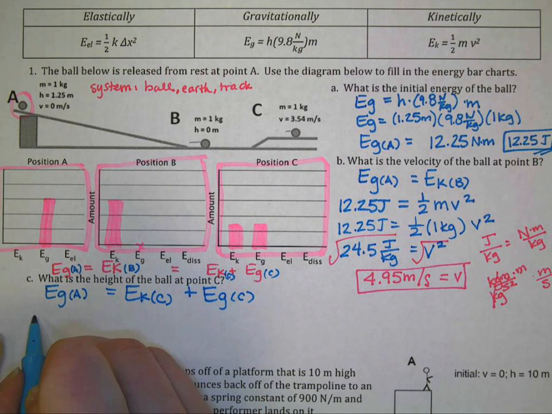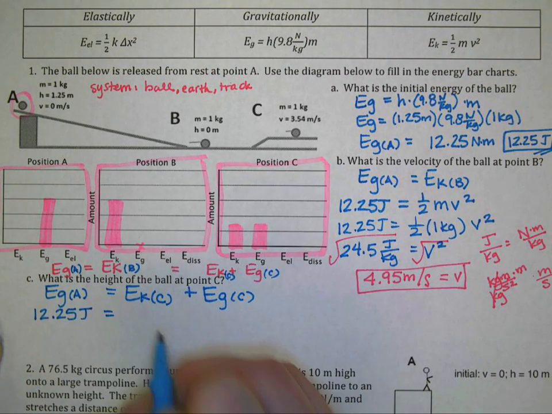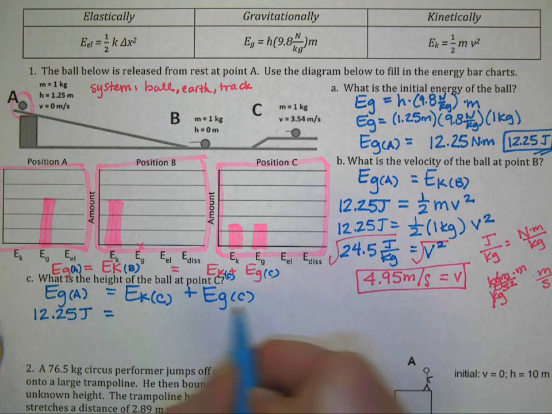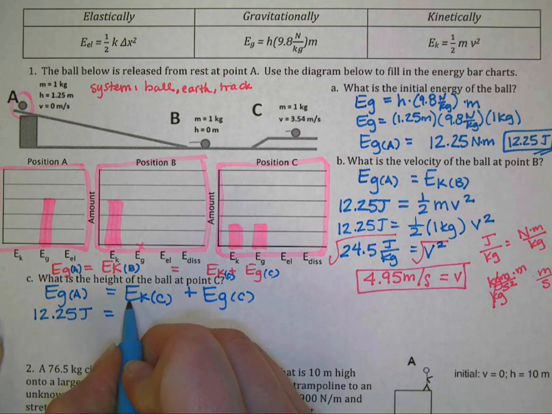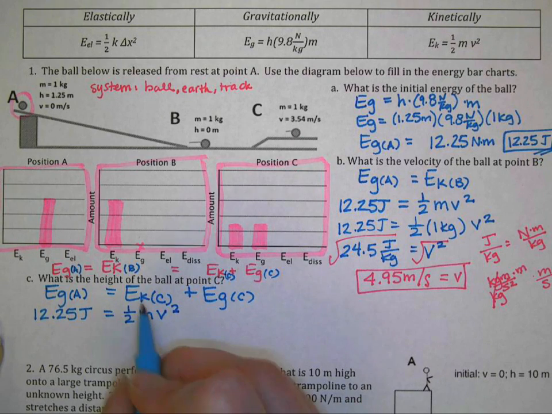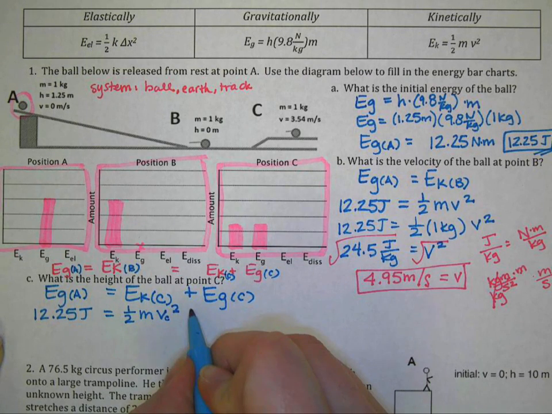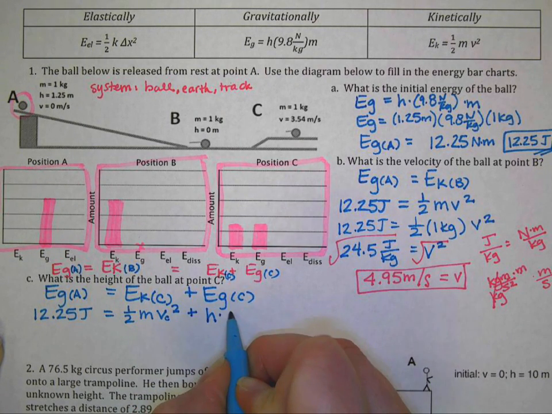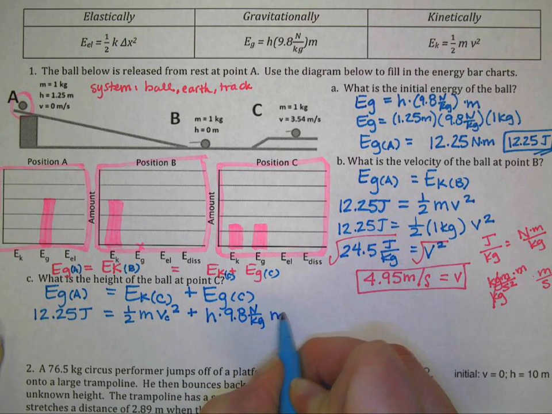We again know that this was 12.25 joules. And then we have to plug in our equations so we can further solve. So the energy stored kinetically at part C will be 1/2 mv squared, and that's the velocity at part C. You usually don't have to abbreviate, but just to make a point. Plus the height times 9.8 newtons per kilogram times the mass.